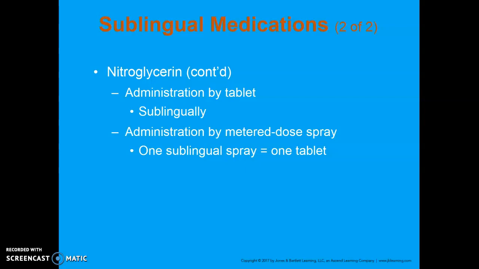You want to wait 5 minutes for a response before repeating the dose. And before you ever repeat a dose, you need to recheck vital signs, most importantly, blood pressure. You can give repeated doses per medical control and or your local protocol.